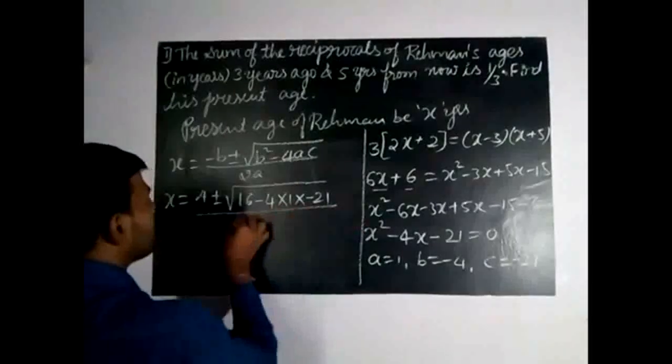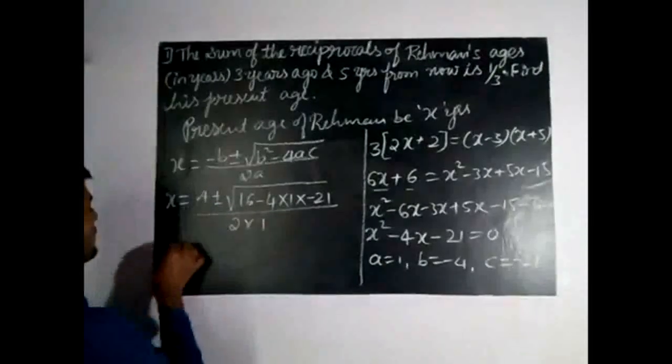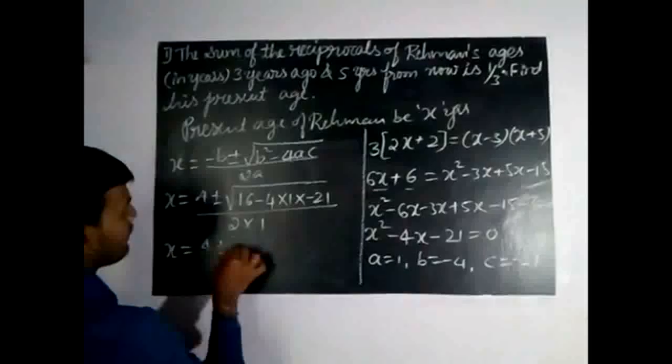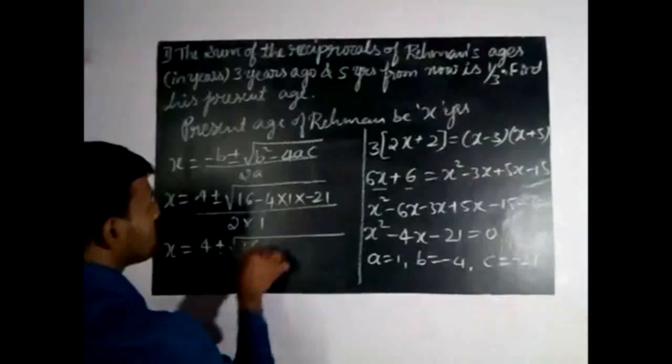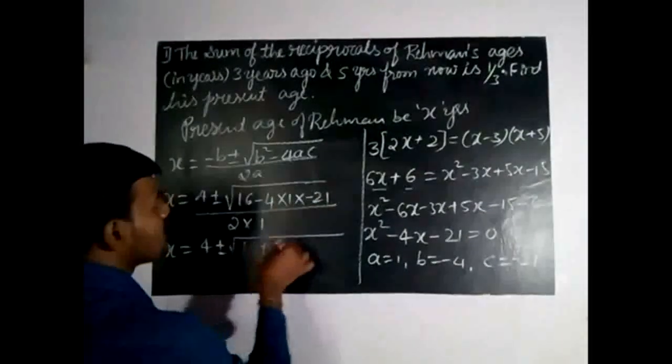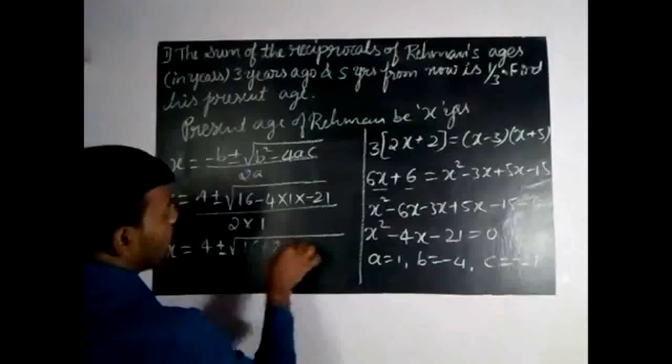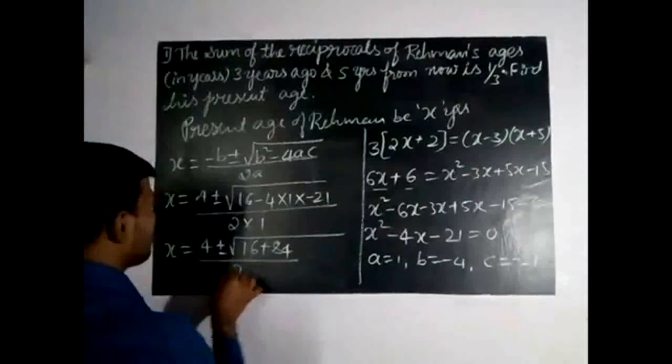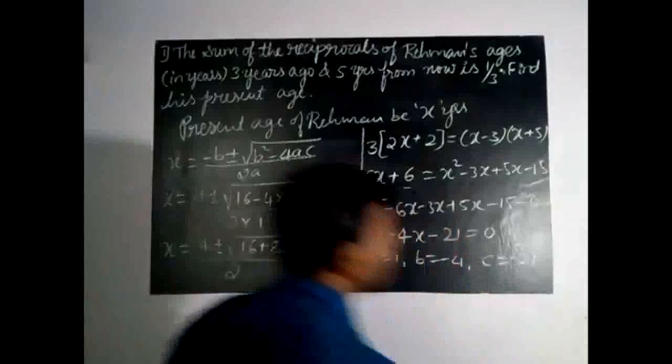Now divided by 2 into 1, then x is equal to 4 plus or minus root 16 minus into minus plus 84, all divided by 2. Now simplify it again.